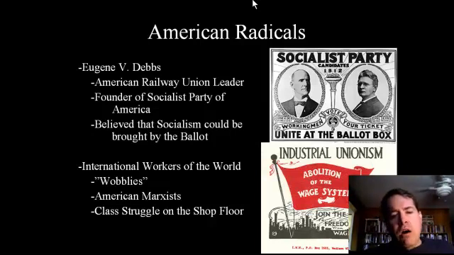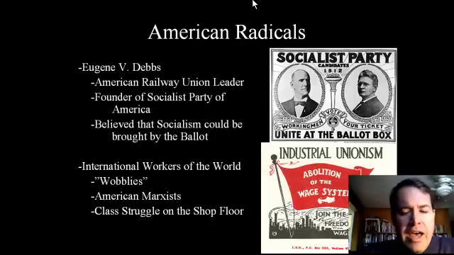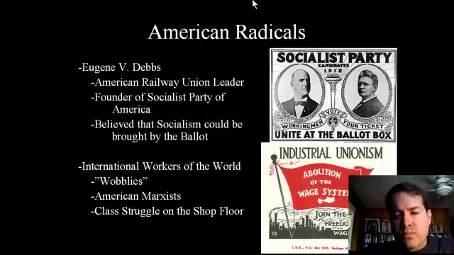This doesn't mean that all American socialists believe in peaceful socialism. You have American Marxists, the founding principle of communism. These are known as members of the International Workers of the World. Critics call them the Wobblies. Now, the IWW represents class struggle and violent revolution.